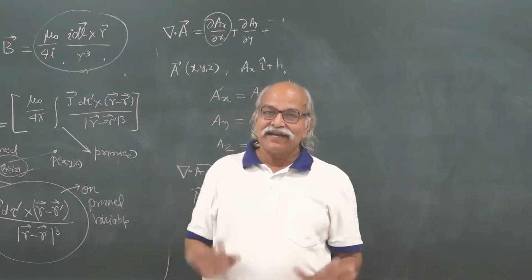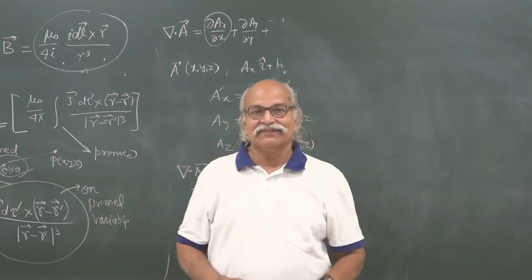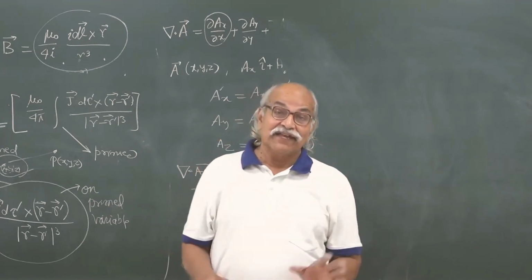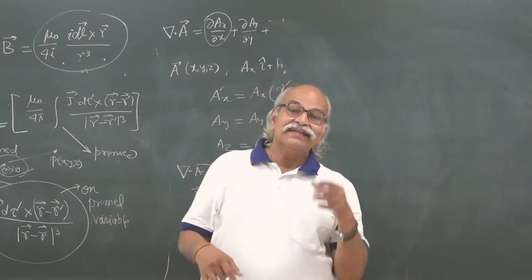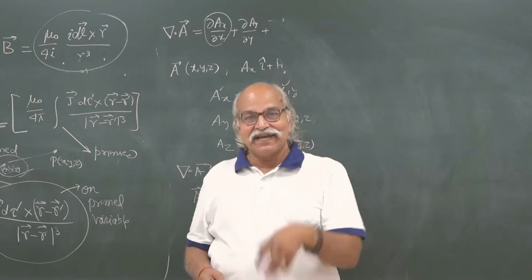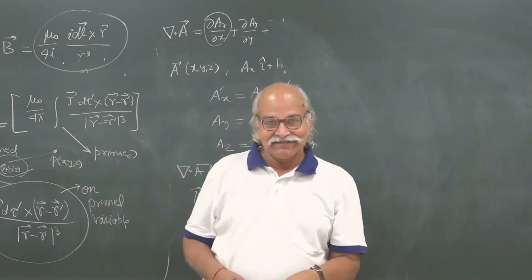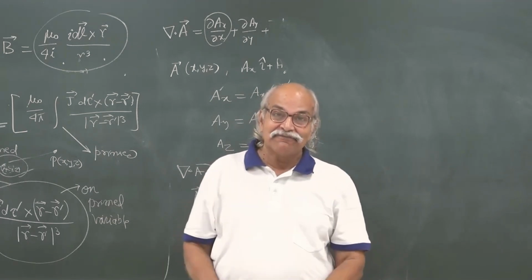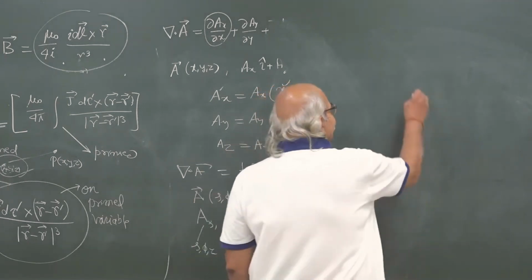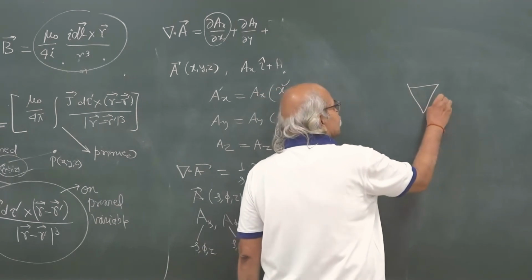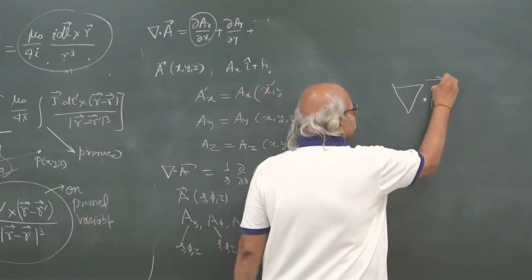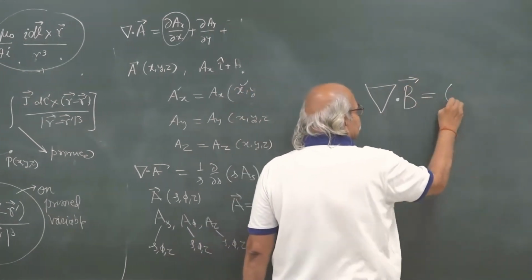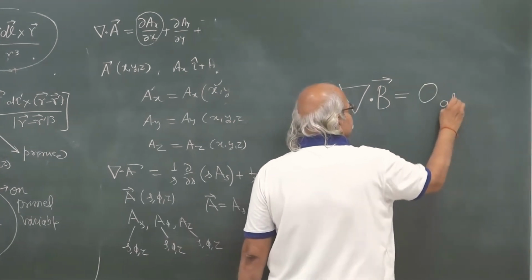You create a magnetic field in whatever way. Changing electric field also produces magnetic field without currents. Whatever way you have magnetic field, once you calculate divergence of B, that divergence of B is 0 always.